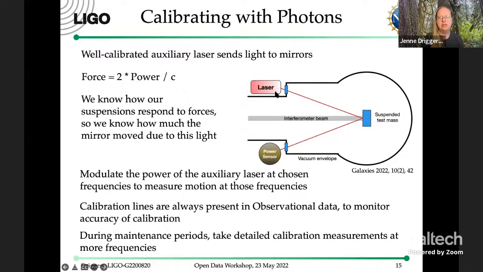And because the laser light carries momentum, as we shine light onto the mirror, it imparts momentum and causes the mirror to move. And the force that is applied to this mirror is related to the power of our extra laser divided by the speed of light. And there's a factor of 2 because we've reflected off of the mirror.